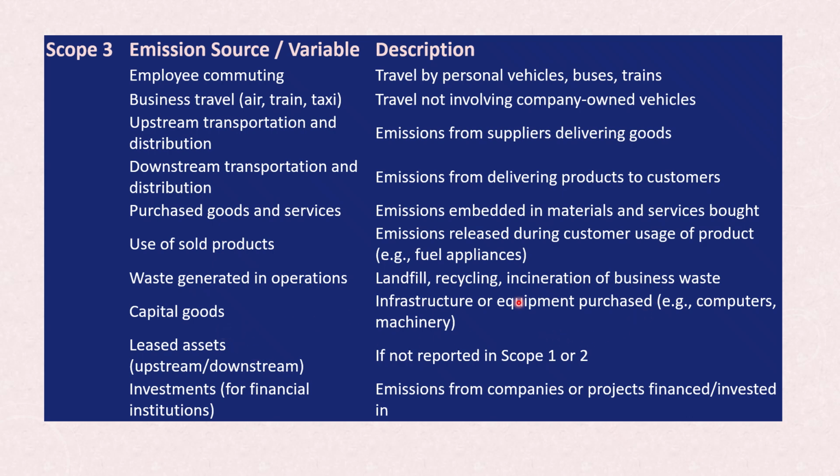Capital goods, infrastructure, equipment purchases, computers, machinery, all come under Scope 3. Leased assets, if not reported in Scope 1 and 2, come under Scope 3. Investments by financial institutions: emissions from companies or projects financed or invested in come under Scope 3.